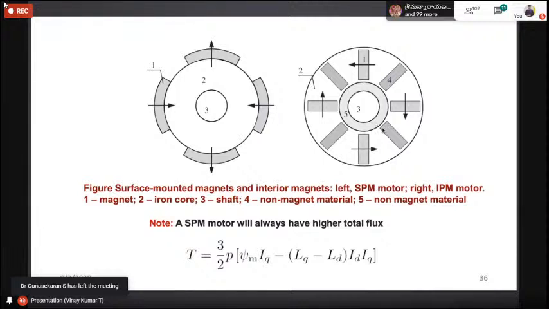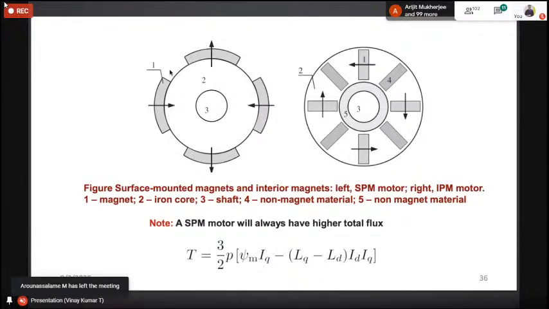So by using this diagram, we can understand why surface mounted permanent magnet synchronous machines are different from interior ones. Here we can easily understand. If you take the permanent magnet characteristics, the permeability of the permanent magnet is exactly equal to air permeability.